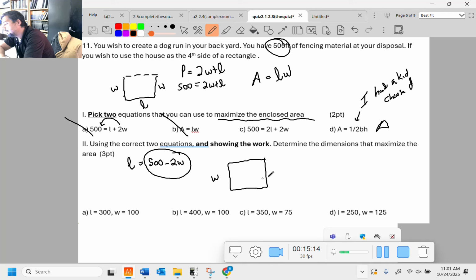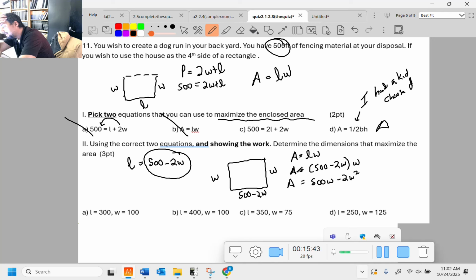You had a width, and this is the length. Maybe this will make more sense to some of y'all. Put it there, substitution. Now, how do you find the area of a rectangle? Area is length times width, so area is 500 minus 2w times the width, w, which is 500w minus 2w squared.